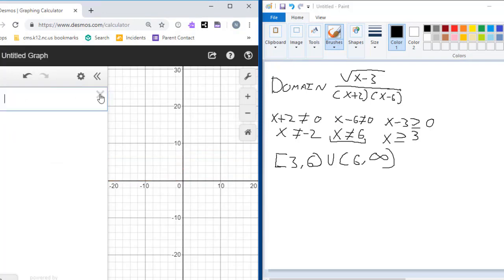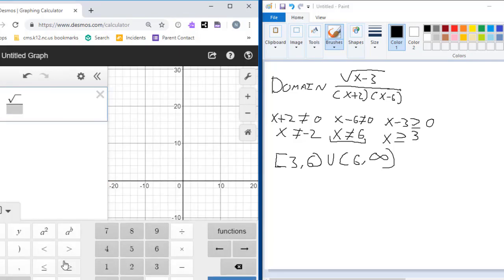Does anybody have any? Seriously, if there are any questions at all, let me know. And I'm showing you that you can find a domain on Desmos. We just have to be a little bit careful and be able to recognize key values.